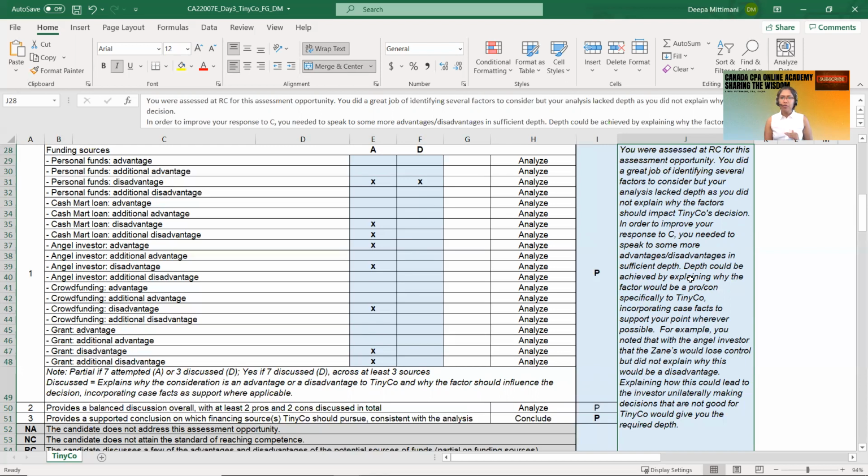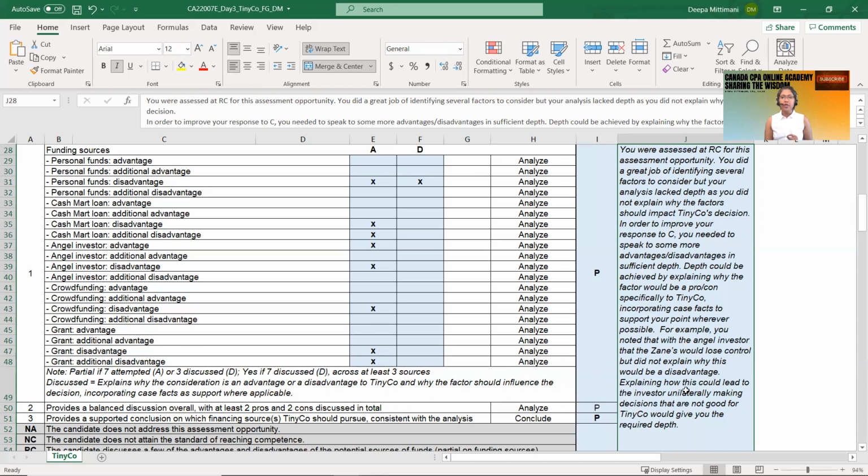In order to improve your response to C, you needed to discuss some more advantages and disadvantages in sufficient depth. Depth could be achieved by explaining why the factor would be a pro or con specifically to TinyCo, incorporating case facts to support your point whenever possible.